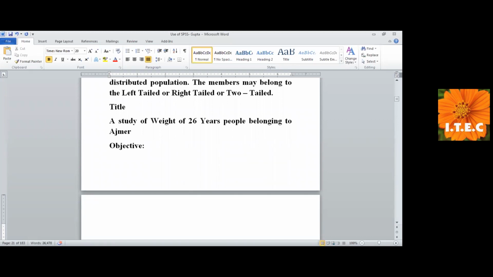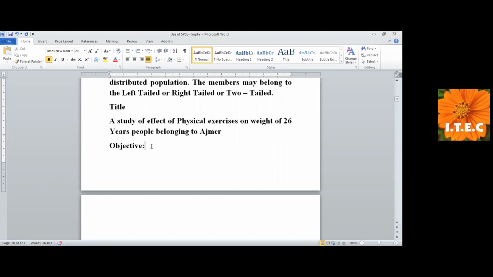Or if you like, you can write a title like this also: a study of the effect of physical exercises on weight of 26-year-old people belonging to Ajmer.